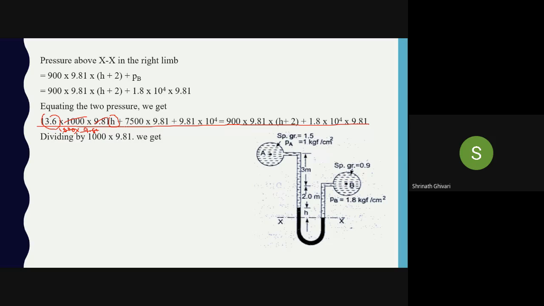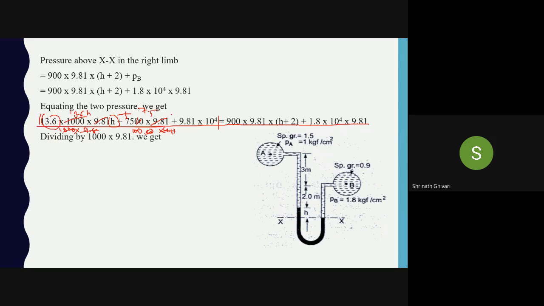Next, I will divide by 1000 into 9.81 here. Because it is addition, it's not that it's for only one term; it will be for everything. Now 9.81 and 9.81 are gone. So 7500 divided by 1000 will be 7.5. So 13.6 into H plus 7.5.